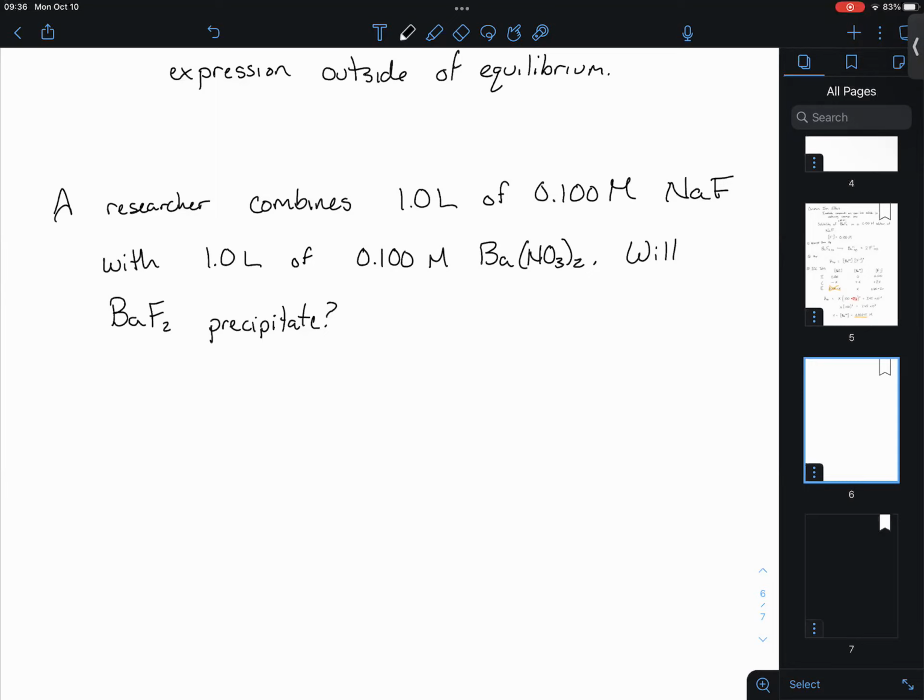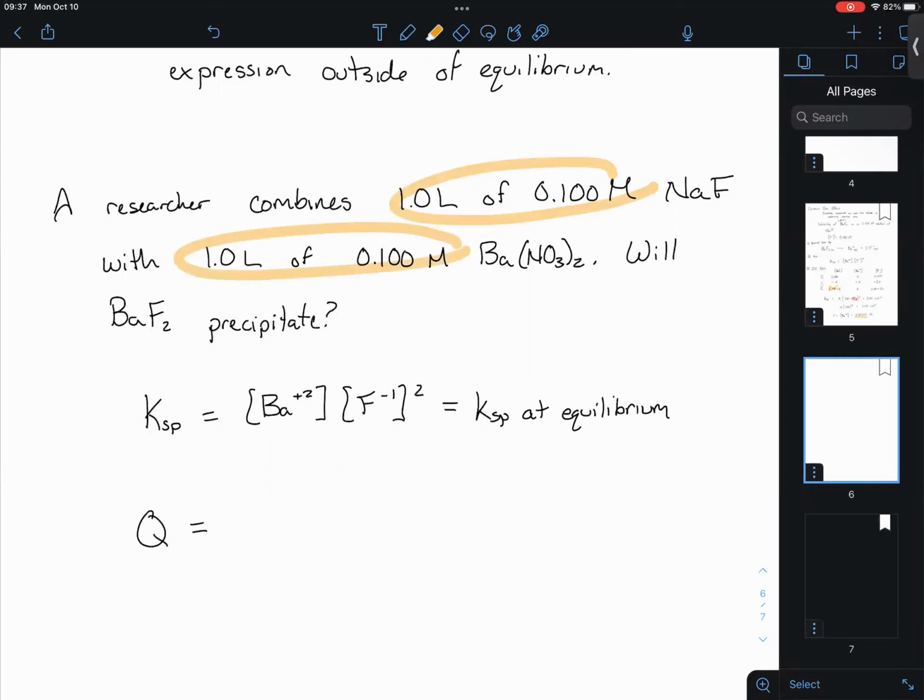So we know our Ksp expression is the concentration of barium times the concentration of fluoride squared, and that will equal the Ksp value at equilibrium. But in order to get the value of Q, I'm going to use this same expression, but plug in concentrations that are not equilibrium concentrations, right?